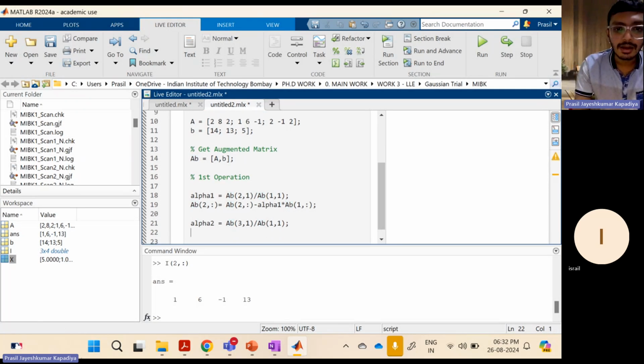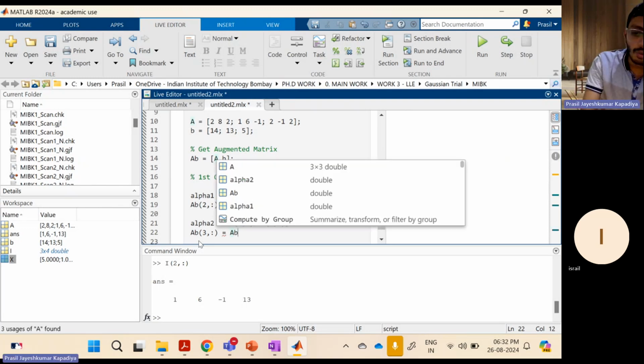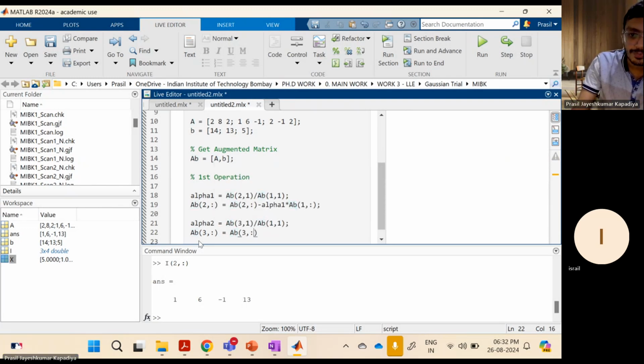And similarly, I will define my new third row, which is equal to the old third row minus alpha 2 times my first row.